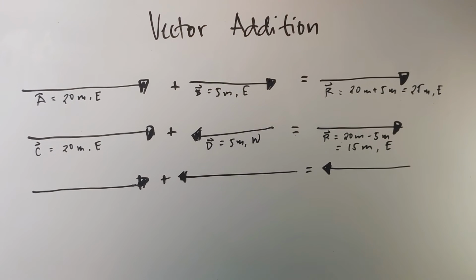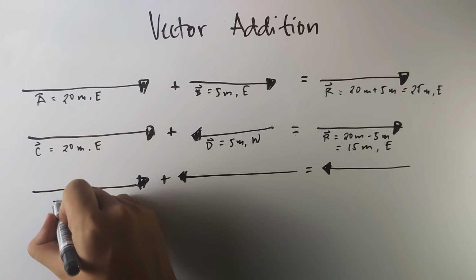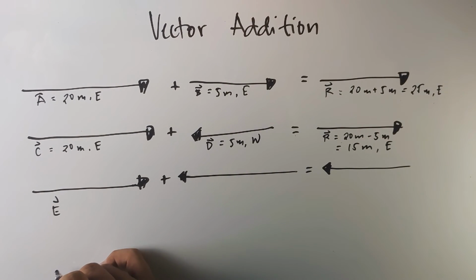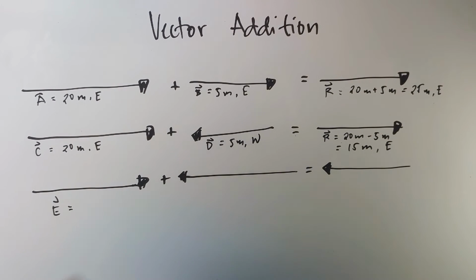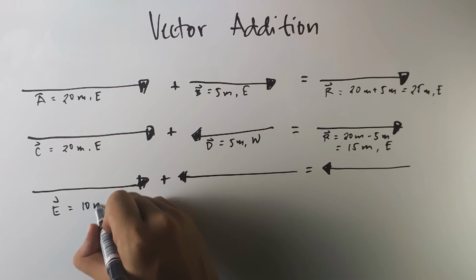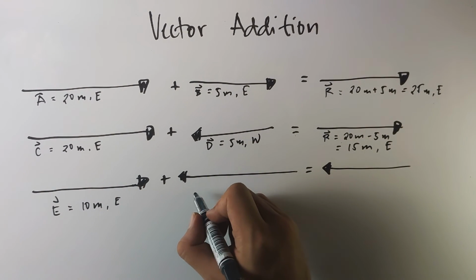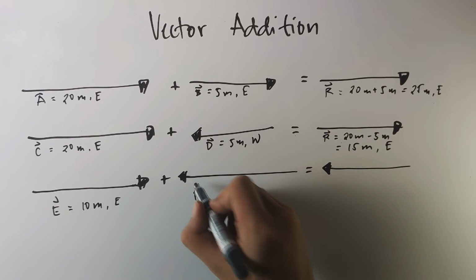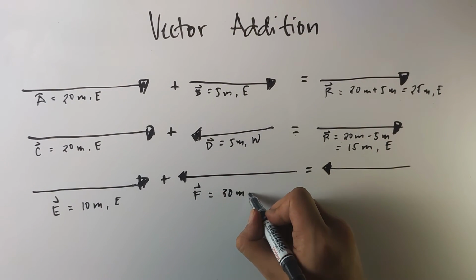For our third example, let's say our vector E is 10 meters going to the east, and vector F is 30 meters going to the west.